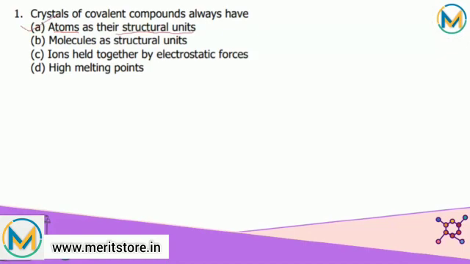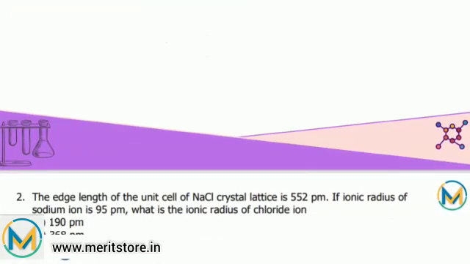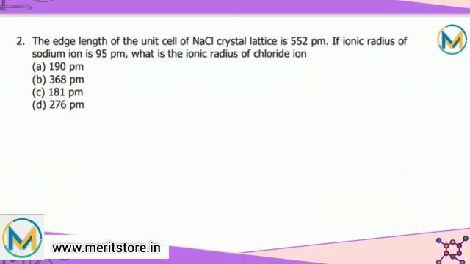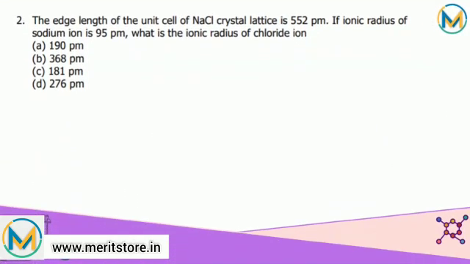Option A. Looking towards the next question. The edge length of the unit cell of NaCl crystal lattice is 552 picometer. If the ionic radius of sodium ion is 95 picometer, what is the ionic radius of chloride ion?